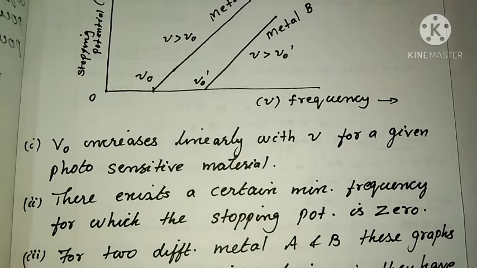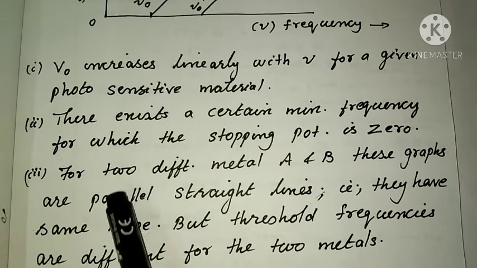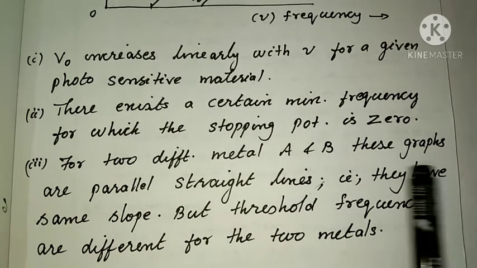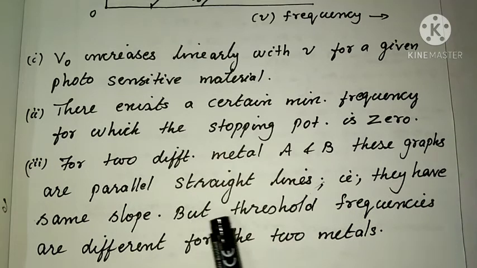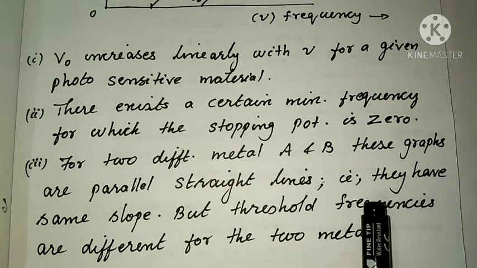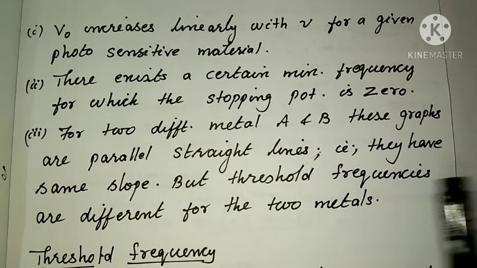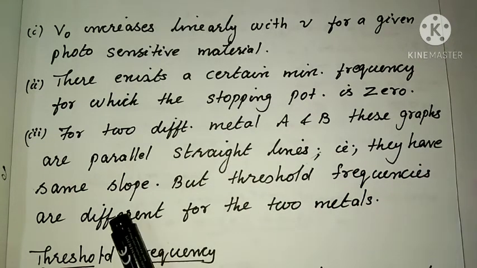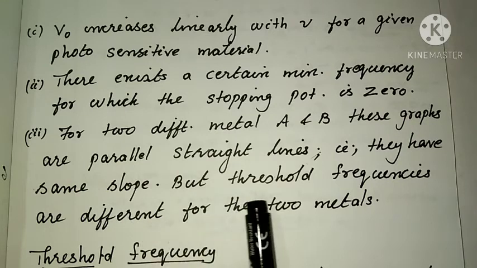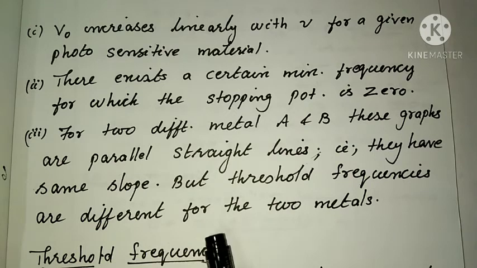Clear? And one more point: for two different metals A and B, the graphs are parallel straight lines. So when you take the stopping potential and frequency for different metals, we get parallel straight lines, that is, they have the same slope, but the threshold frequencies are different for different metals.